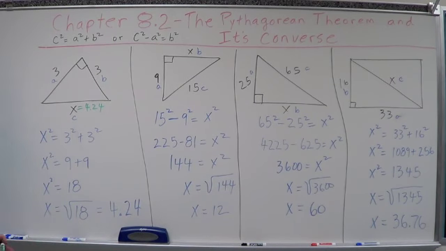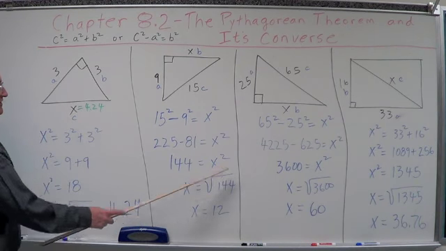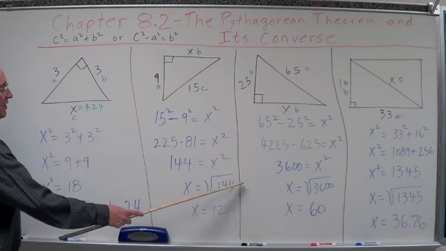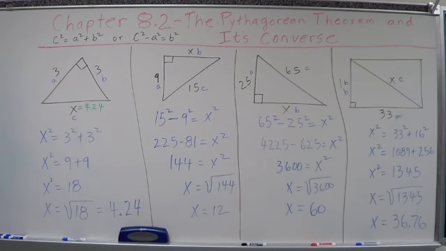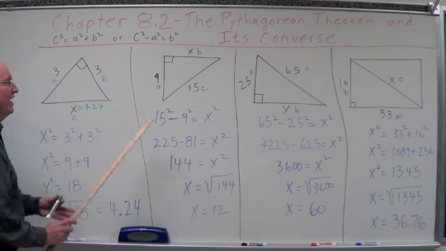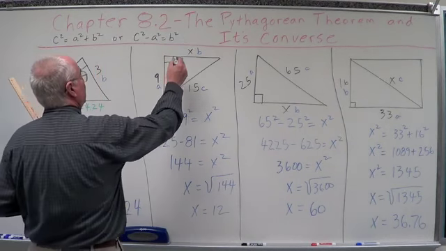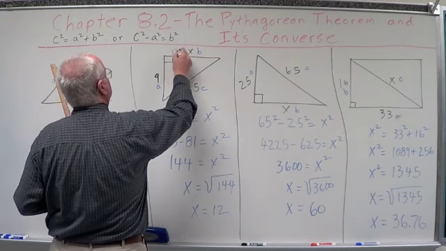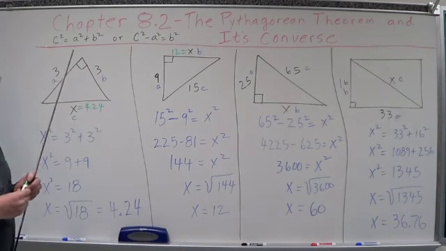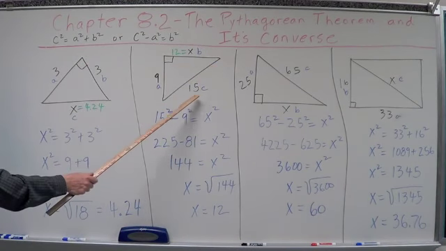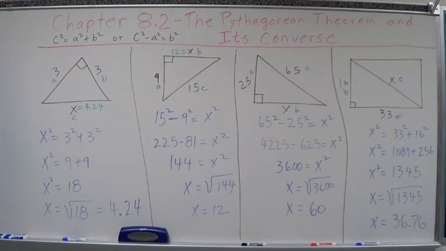But I don't want x squared, I've got to have x. So we take the square root: x equals the square root of 144. I happen to know, and can confirm in my calculator, that the square root of 144 is 12. So x equals 12.